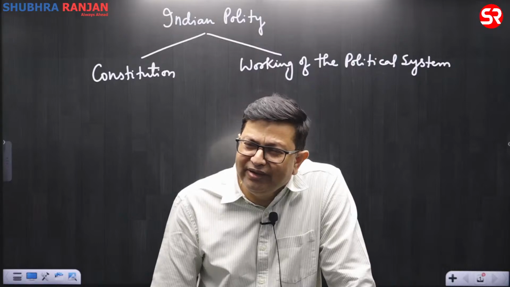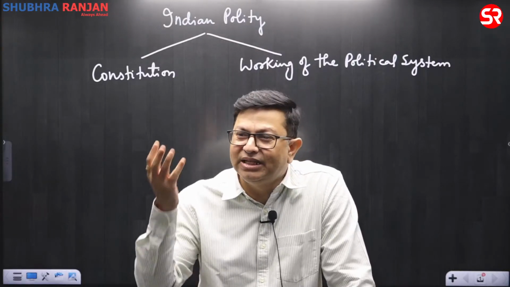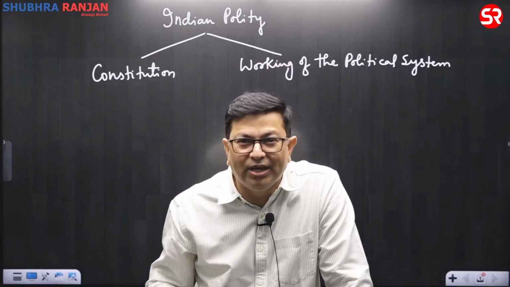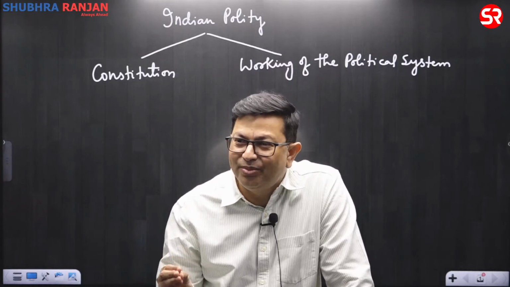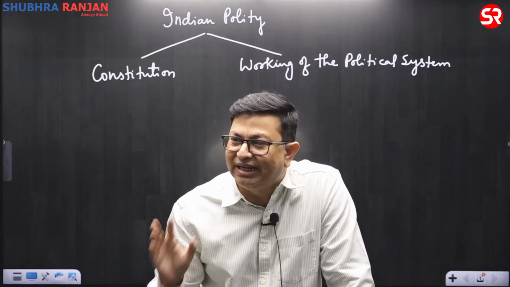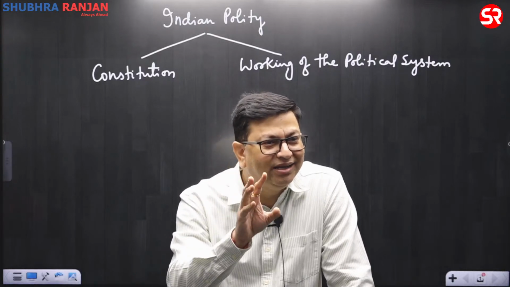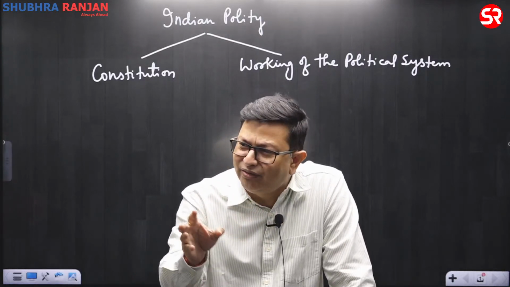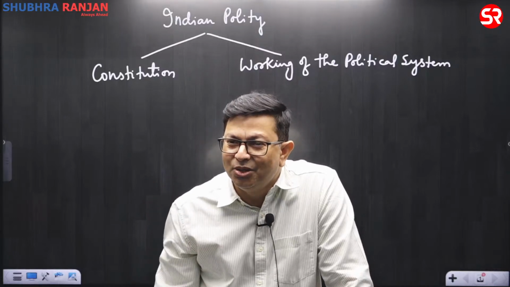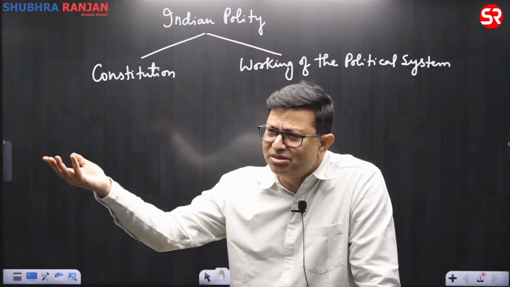So if a student feels that he knows that 3 words were added by the 42nd Amendment Act, I know it. Every person who is preparing for any competitive examination in this country knows that 3 words were added in the preamble by the 42nd Amendment Act: socialist, secular and integrity. Everyone knows.